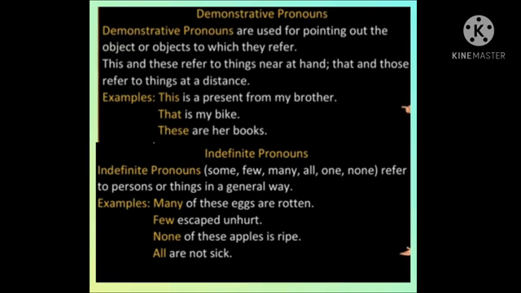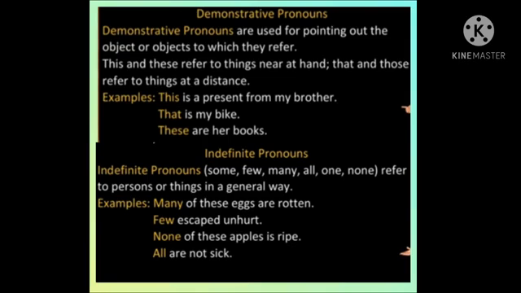Next we can focus on indefinite pronouns. In demonstrative pronouns, we are able to identify whether it is singular or plural. In indefinite pronouns, it is referring to persons or things in a general way. Just a general way, like I have few friends. You don't know how many friends I have.